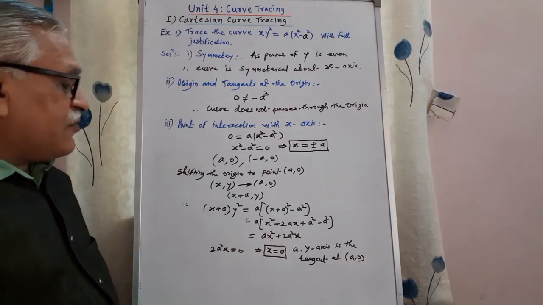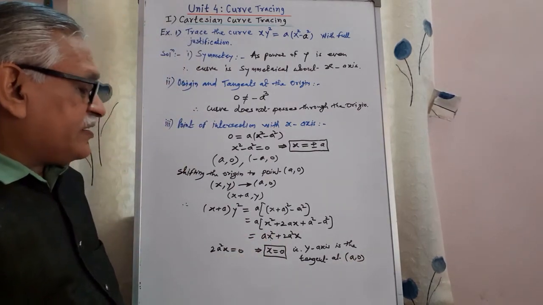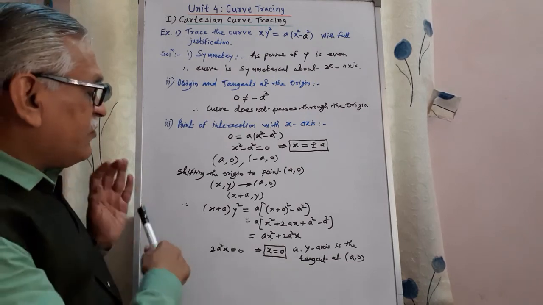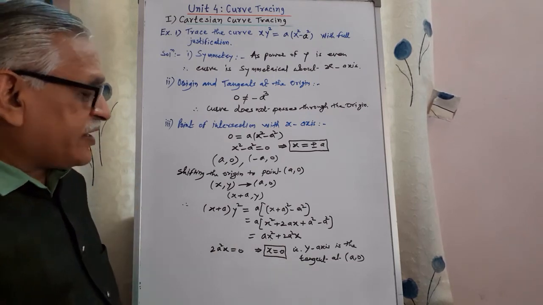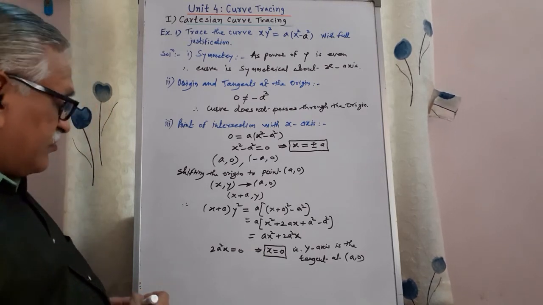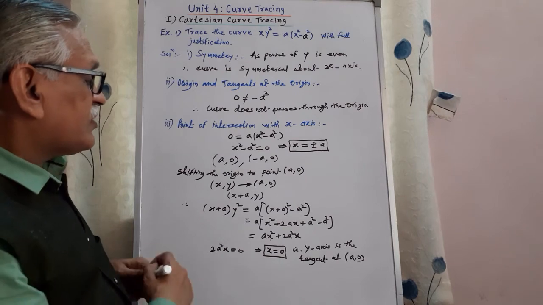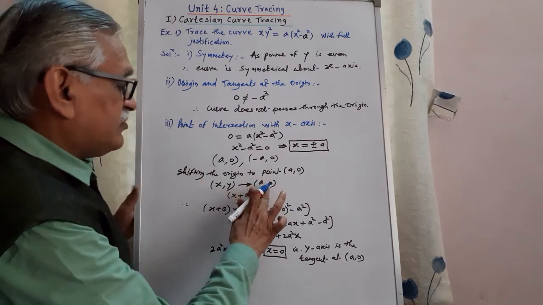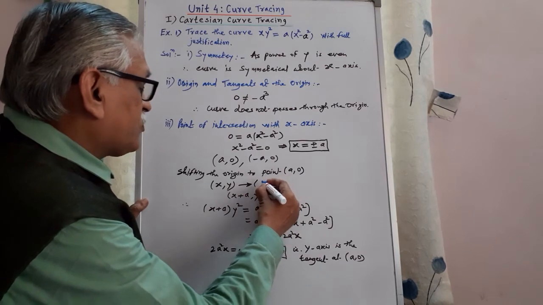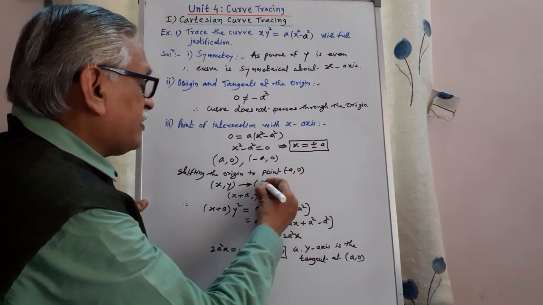Okay, therefore we get y-axis as the tangent. Similarly, we have to perform for this second point. Therefore we shift it to minus A0.